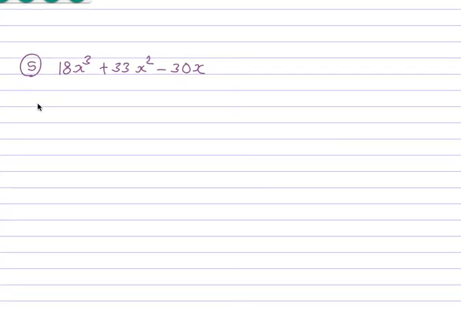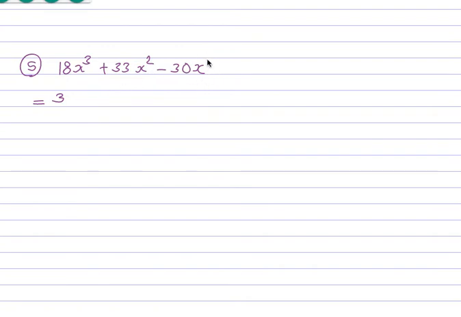Okay. Now here this 18x cube. So here cube, but we want a quadratic trinomial. We are solving quadratic trinomials. So can we take something common from this expression? Let's check. 18, 33 and negative 30. So we can easily take common 3, and here all have x.